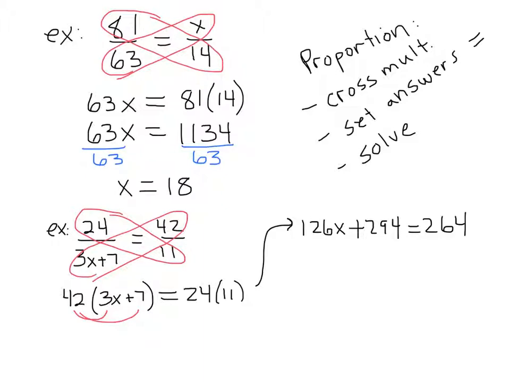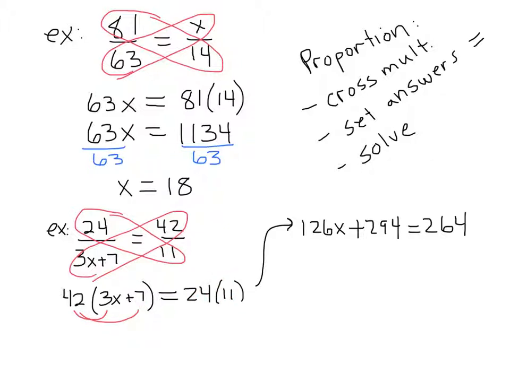All right, just to review, I noticed it was a proportion. I have two fractions that are equal. I cross multiplied. I crisscrossed this way and that way. I set the answers equal to each other. And now I'm just going through the solving steps. I'm distributing. I multiplied.